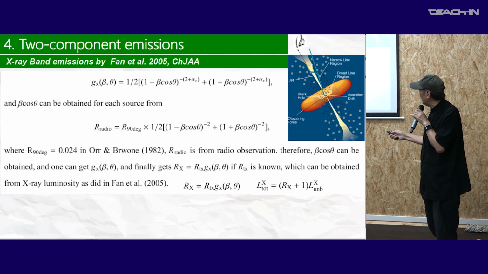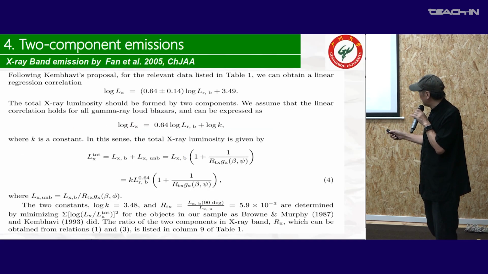In this way we can get the X-ray total. So from the radio band value we can expect the X-ray total value, and in the X-ray band we have the observed luminosity.